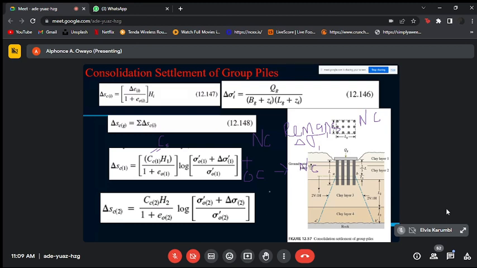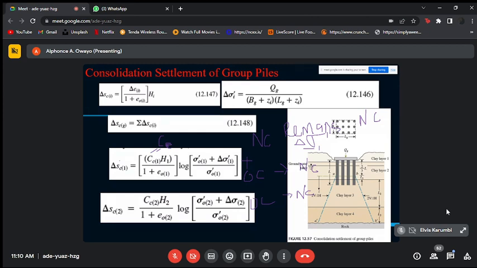If it is over consolidated and remains over consolidated after addition of this, then you use only this formula, but this is CE. So you should remember that.